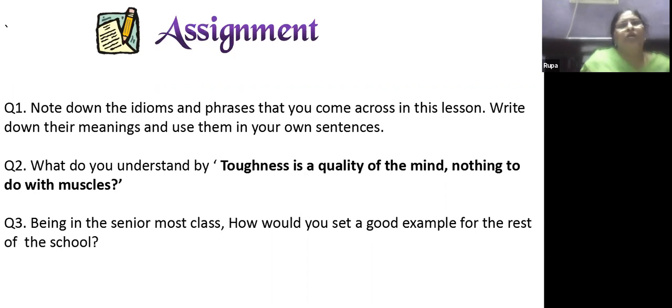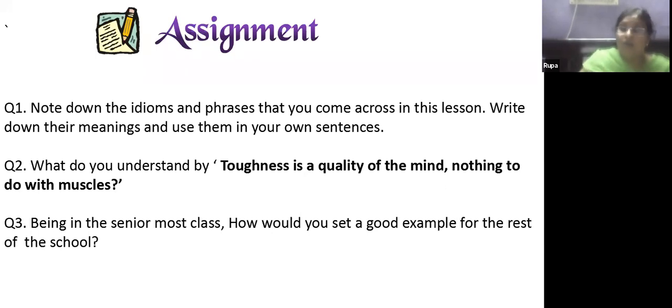Now, you are in senior intermediate. Yes, children. Being in the senior-most class, how would you set a good example for the rest of the school? Just write it down, and keep this pandemic situation in mind where online classes are going on: how you can motivate the younger ones. Make a mention of this also in your answer, children.